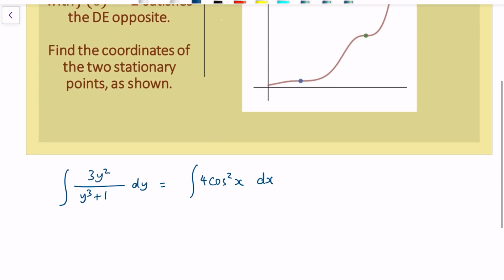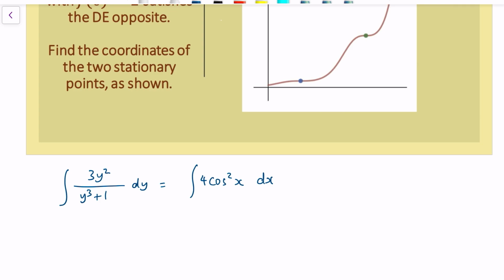So the left hand side is a fraction. The fraction doesn't algebraically simplify because there's 2 things in the denominator and 1 thing in the numerator. If you don't notice it, you could make the substitution y cubed plus 1. And if we do that, the derivative of it appears at the top. So if you didn't notice that, that's the way you would go about it, making a substitution.